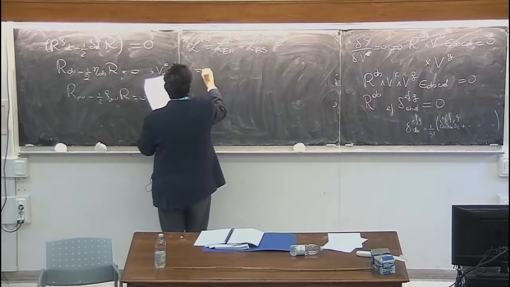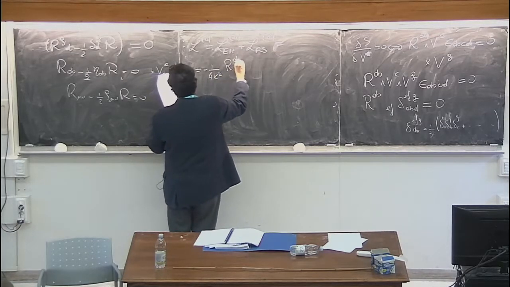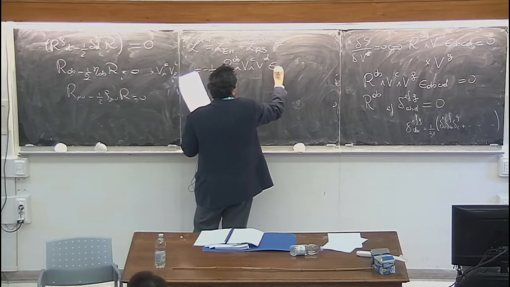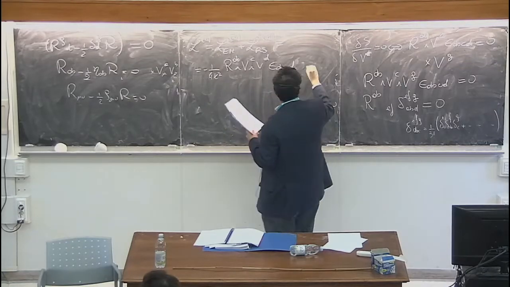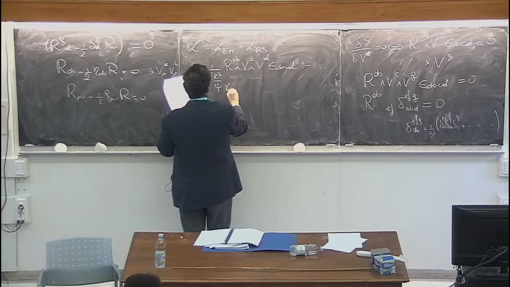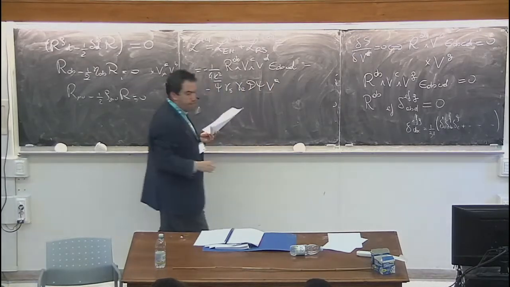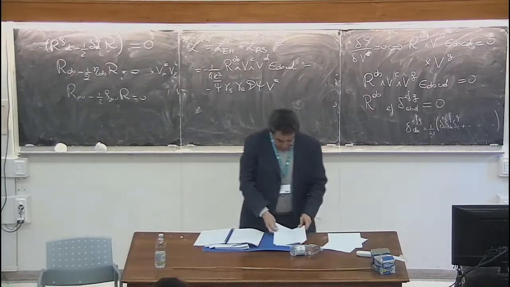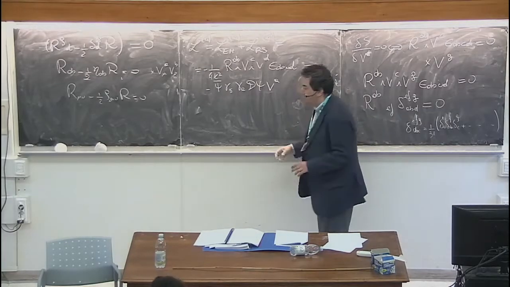And we get minus 1 over 4 kappa squared R^AB V^C wedge V^D epsilon ABCD, minus psi bar gamma 5 gamma_A d psi V^A. Remember, this was our description of the Rarita-Schwinger action in form notation.